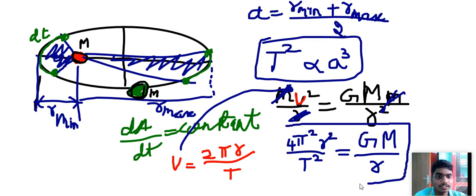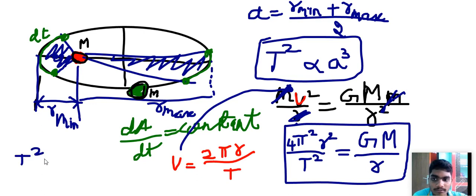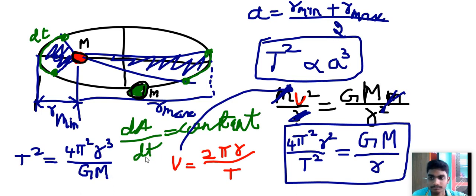From this equation you can say that t square is going to be equal to 4 pi square r cube by G M. When this r is reacting here, this r square becomes r cube.